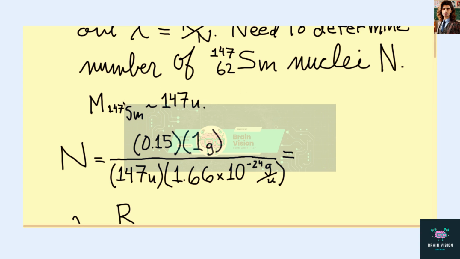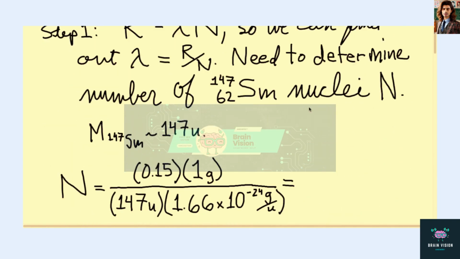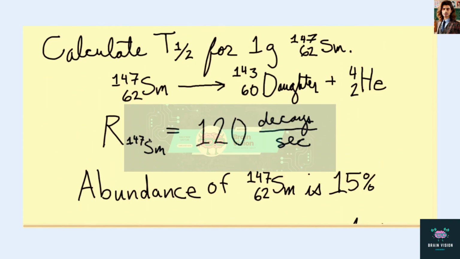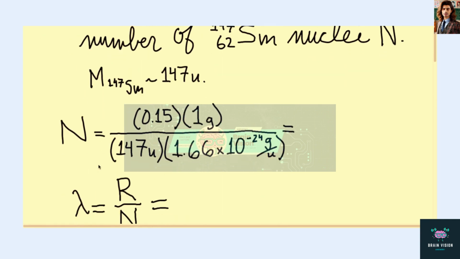We know that the atomic mass is roughly equal to the atomic mass number of an element. We can use that to figure out the number of nuclei present, or the number of atoms present of samarium-147, as follows. We can enter our 15% abundance times the 1 gram that we're asked to solve for. Both were pieces of information given in the problem.